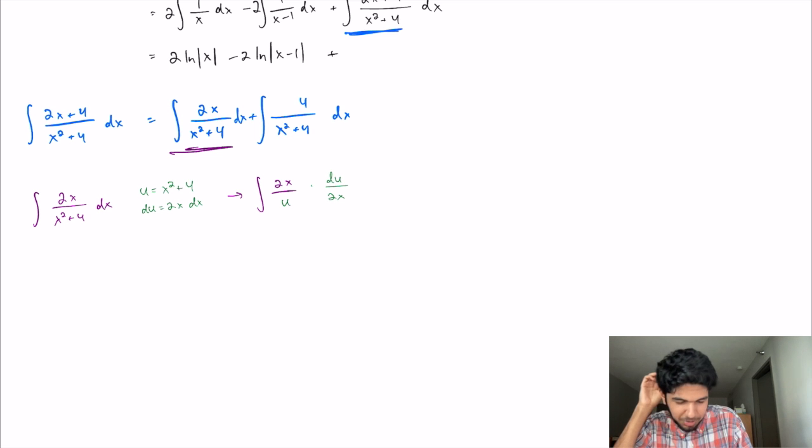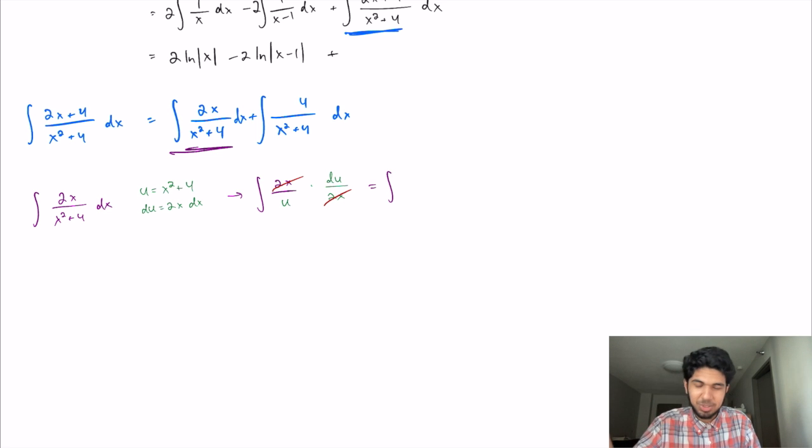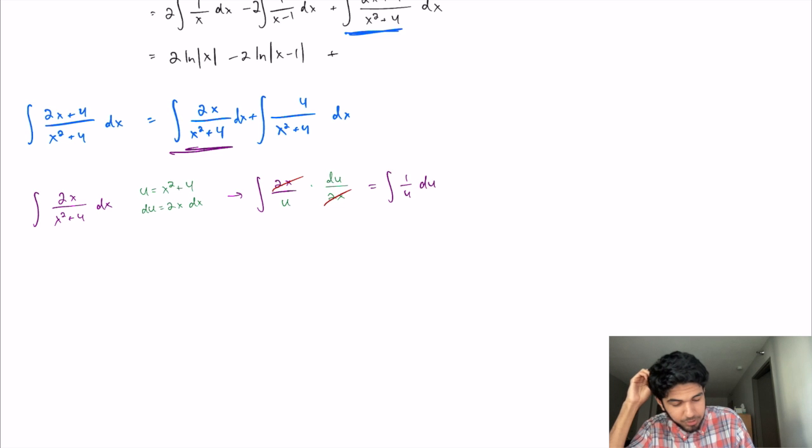And now you can see why I didn't want to bring the 2 out in front, because the cancellation works a lot easier this way. It works the same if you bring the 2 out in front, it's just cleaner. So now we have the integral of 1 over u du, which is ln absolute value of u, which is ln of the absolute value of x squared plus 4.